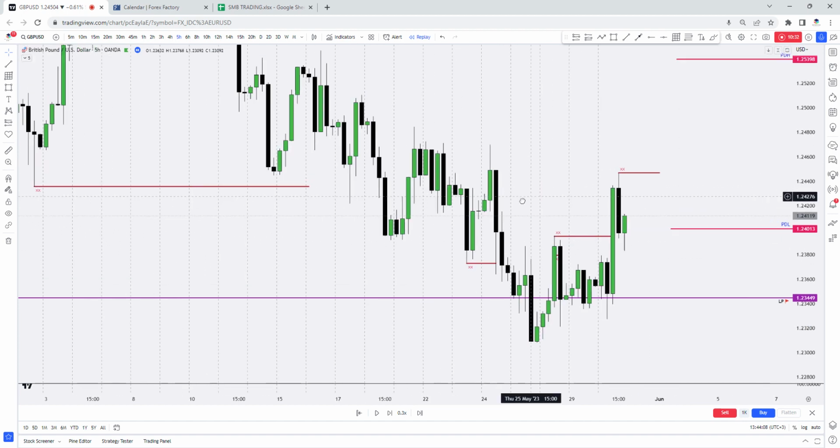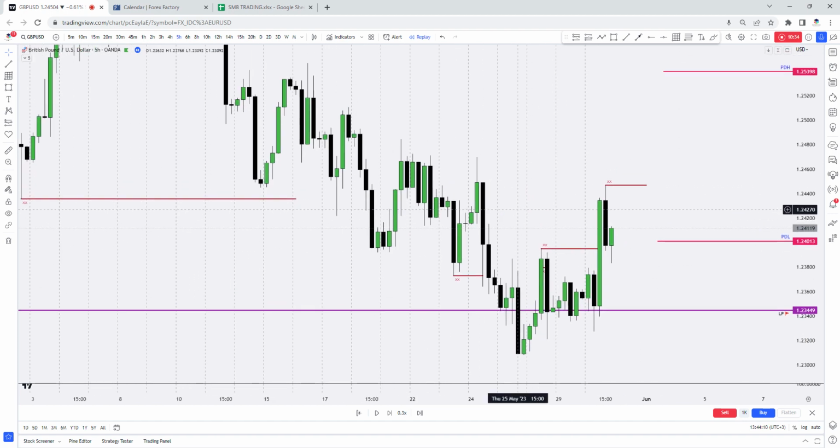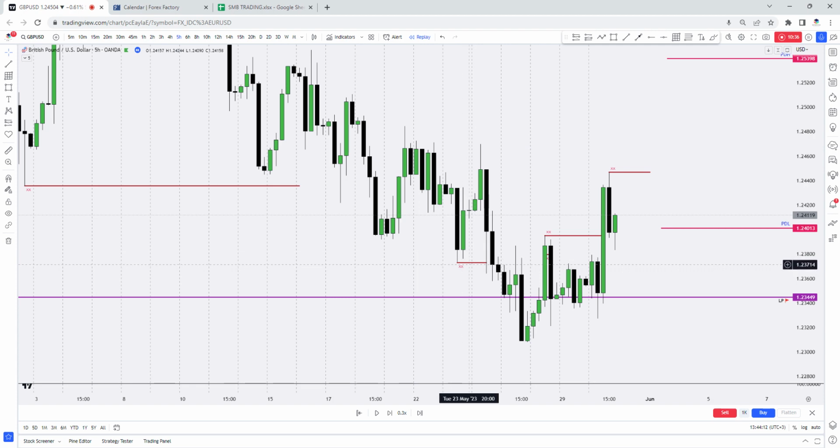What you see right here, and listen very carefully, we see price breaking this low right here. After creating that high, we break the low. That is a break in market structure. Price came down, and here price tried to come back into this structure. Now I have a rule.